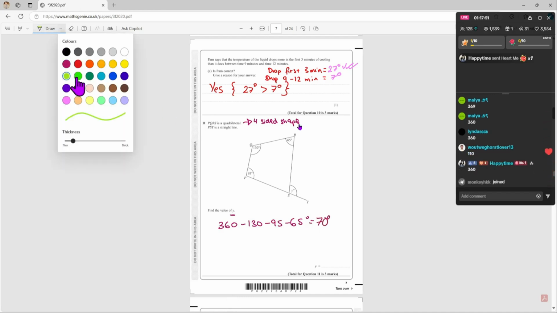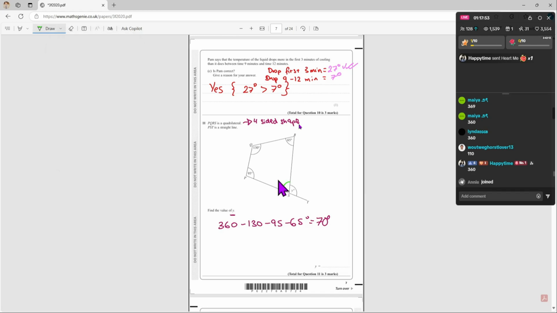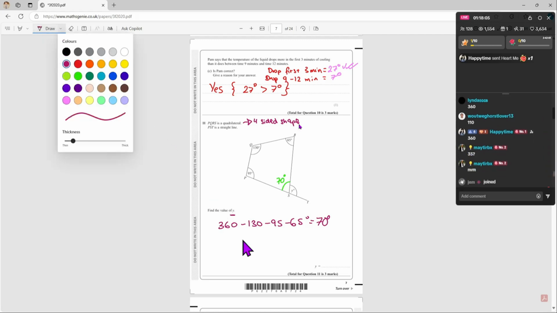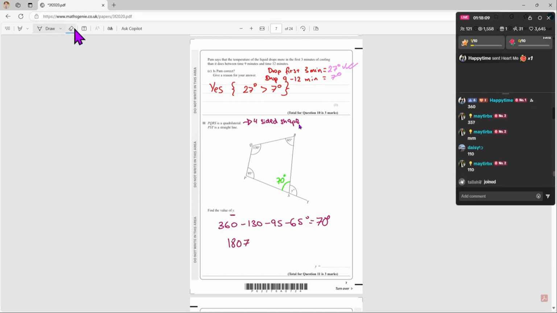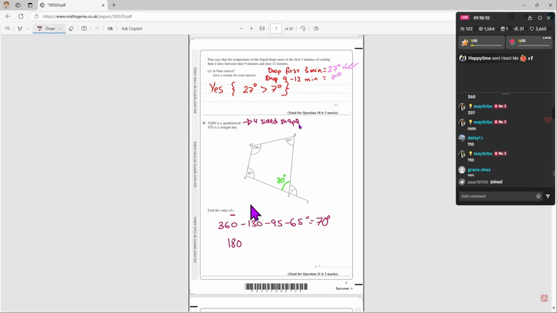So this angle over here is 70 degrees. Now to work out the angle y, we know that angles in a straight line add up to 180 degrees. So we just have to do 180 minus 70 degrees, and you would get 110 degrees.